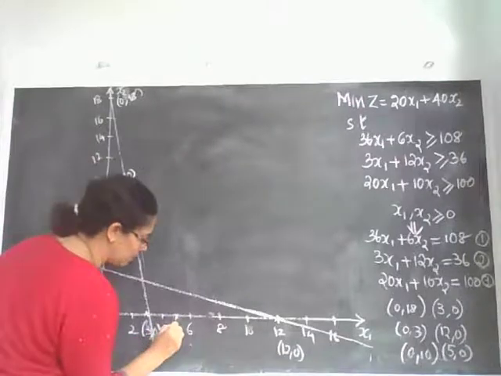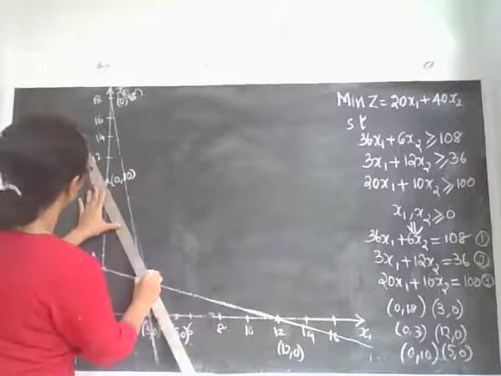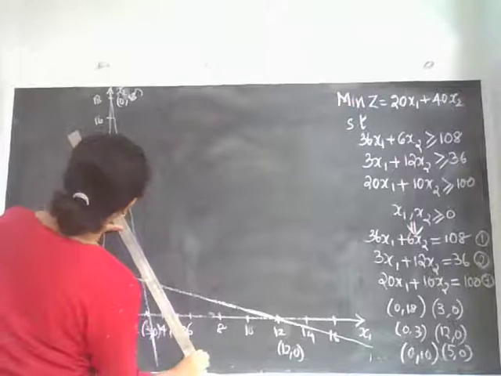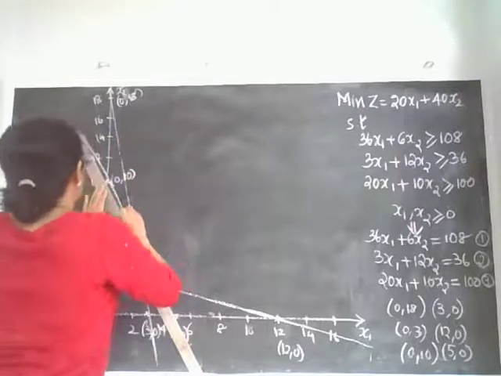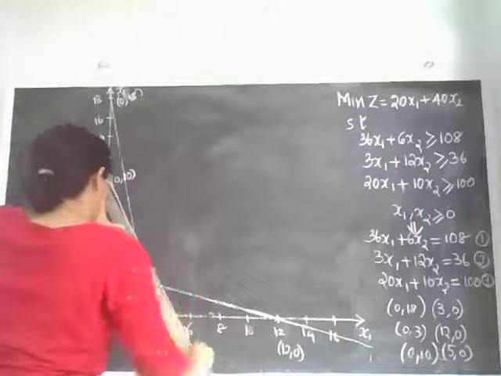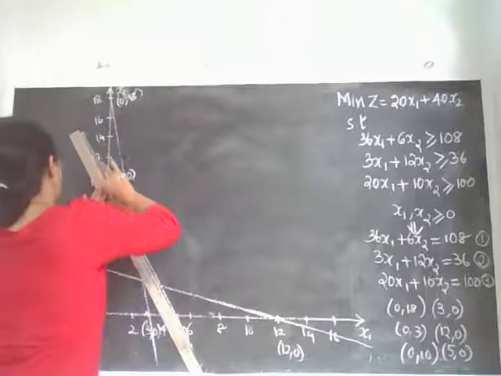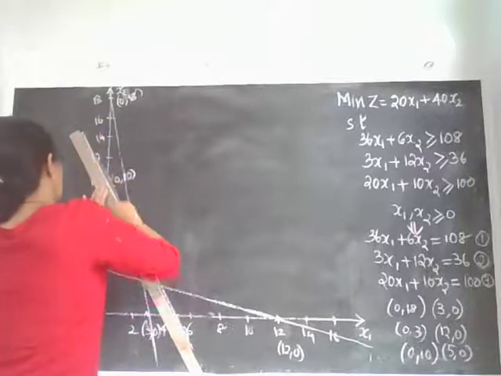This is (5, 0). Connect those two points. You have this line.